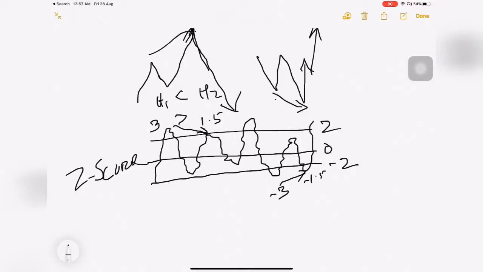Okay. So the main aim of these divergence methods is that it will help us to find the market top and market bottom and the trend.